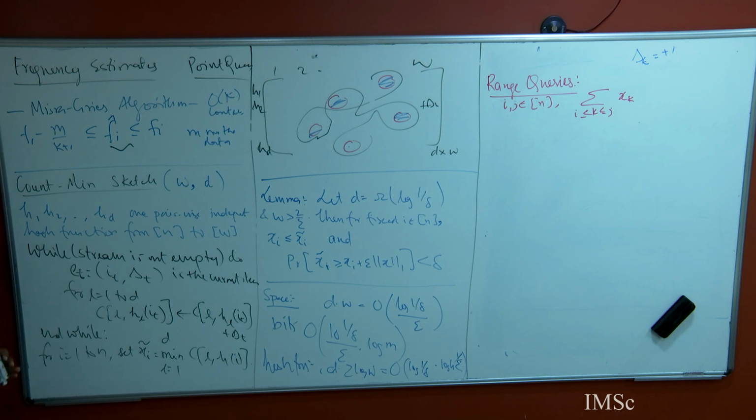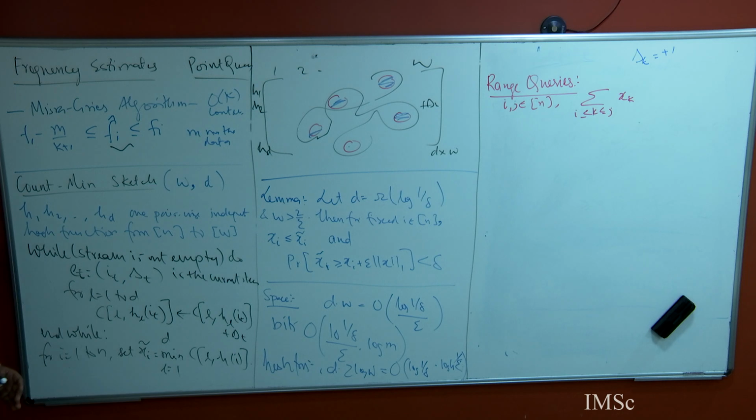So look, how many queries are possible at the end, after I have run my stream on m objects? At the end I would like to do these range queries. But how many range queries are there?